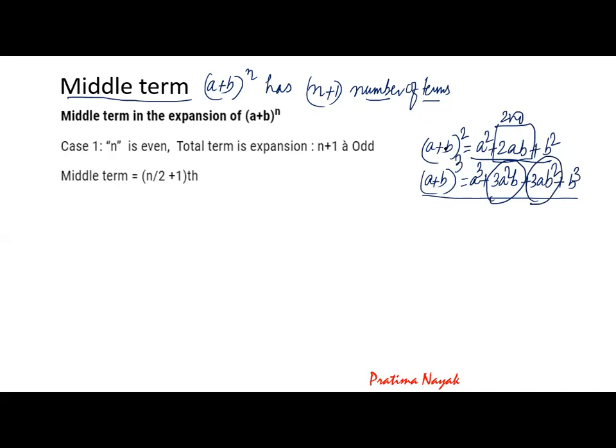So when n is even, there is one middle term; when it is odd, there will be two middle terms. So first keep this in mind. In the first case, when n is even, the total number of terms is n plus 1, and the middle term is the n by 2 plus 1th term.